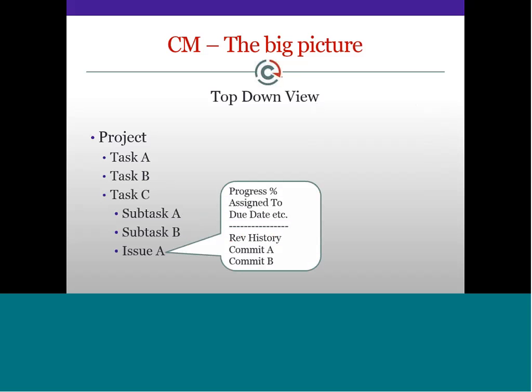So we have full tracking of this was the requirement change, and those are all the things that got changed with it. So that's the top-down view of what the project manager would see or do. They would assign tasks, monitor due dates and intervene when necessary.